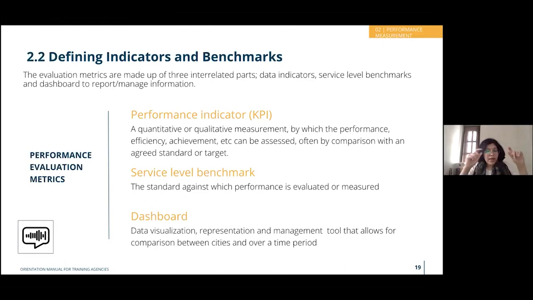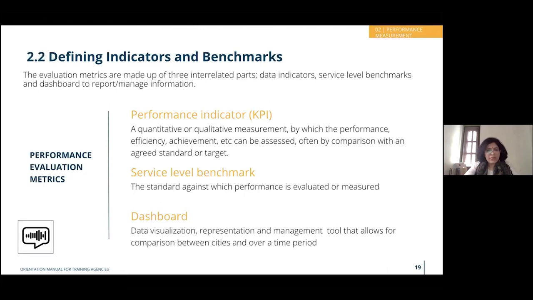Once we understand that, the next concept is the service level benchmark. If we take this concept forward, you have liters per capita per day, and then you have a benchmark, a standard, which says that if cities are providing this much, then it's good, right? I think some of you will know what that standard is.